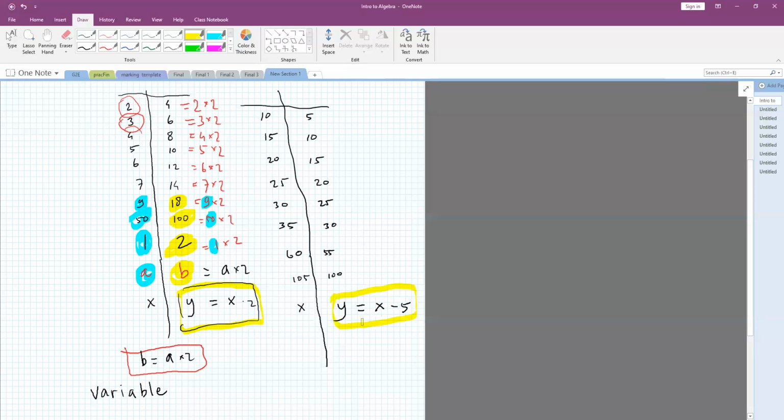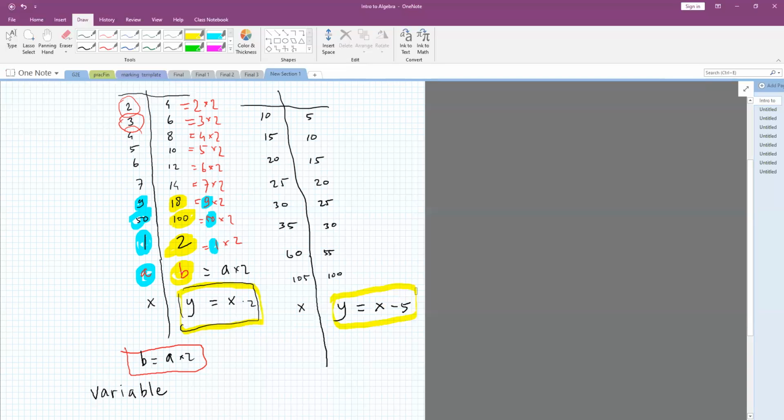So this is just a simple example about algebra. It's a language that describes the rule or relation in mathematics, especially between some variables, for example, x and y, like this one.